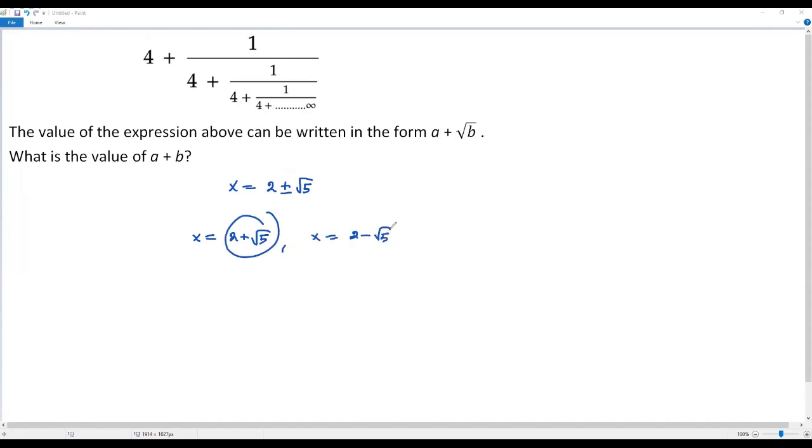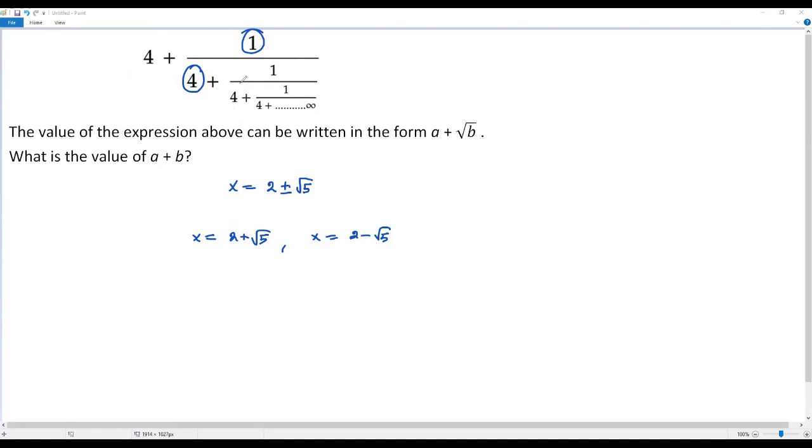Can we consider both of them as values for the given expression or only one of them? For that we can consider the given expression over here. We have the integer 4. When I consider this stuff, it is a fraction, that is 1 over 4, and apart from that we have some value. Again, we have a fraction 1 over 4. What is the value of 1 over 4? It's 0.25, but we still have some value over here, but it is also 0.25.